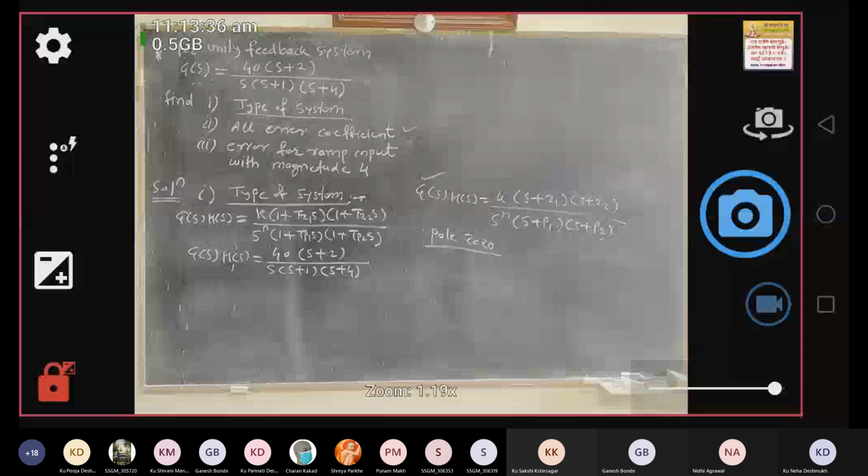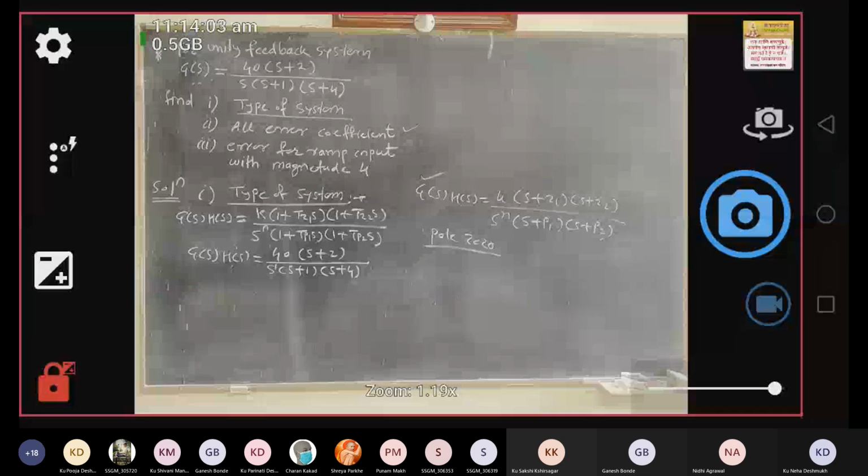So we convert it, and from this expression you can directly find the type of the system. Here you see s raised to power 1, so n is equal to 1, and the type of the system is type 1.